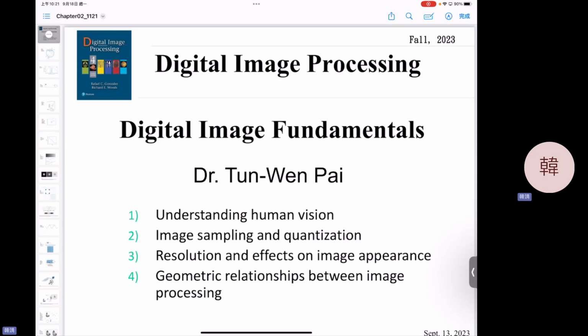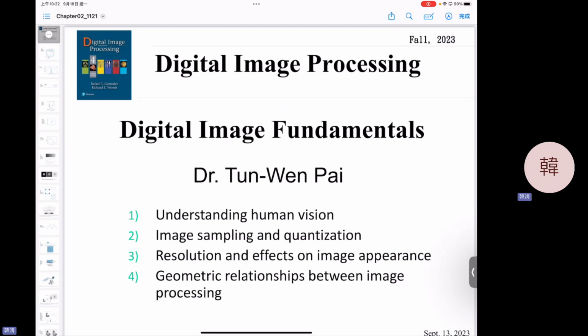We are going to see how many objects are in your image, so you can solve problems with pattern recognition, like OCR, which we mentioned before. You have to extract all the connected components in this image, and then do pattern recognition or character recognition. So these are geometric relationships you have to evaluate.